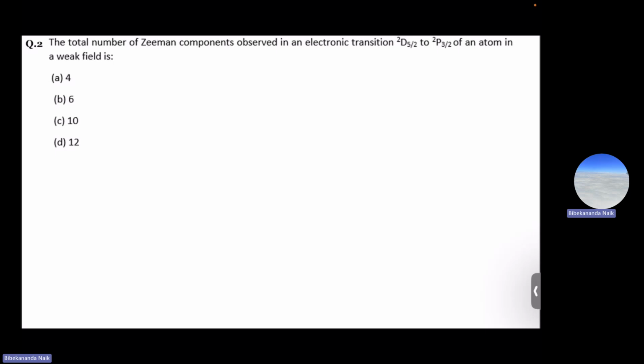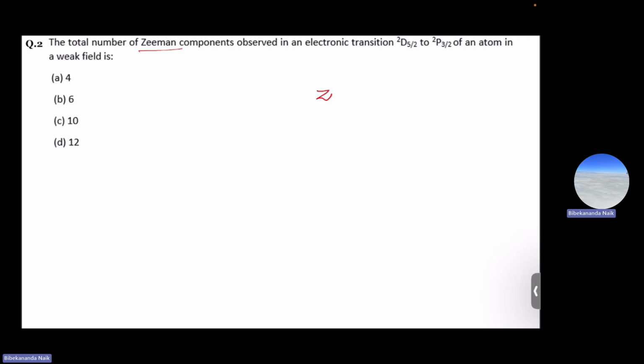So the question is related to the Zeeman effect, so we need to consider the concept of Zeeman effect here, and the transition is occurring from 2d 5 by 2 to 2p 3 by 2.